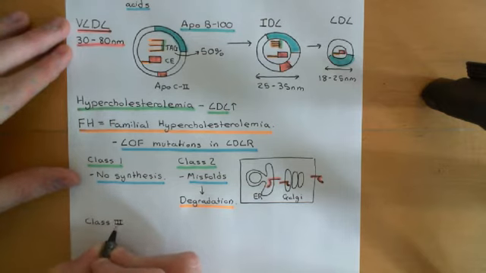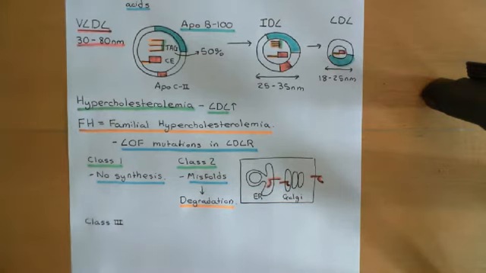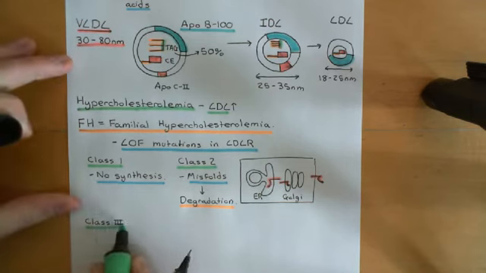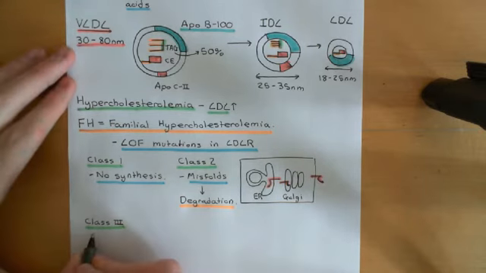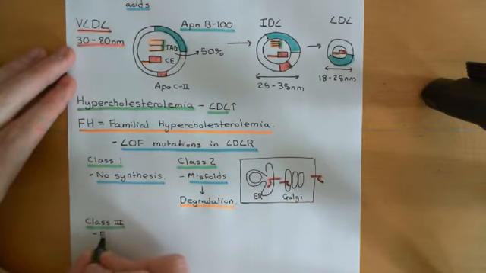In class 3 mutations, the LDL receptor does get to the plasma membrane, so it doesn't misfold. But when it gets to the plasma membrane, it doesn't bind LDL. The problem is with the binding domain.